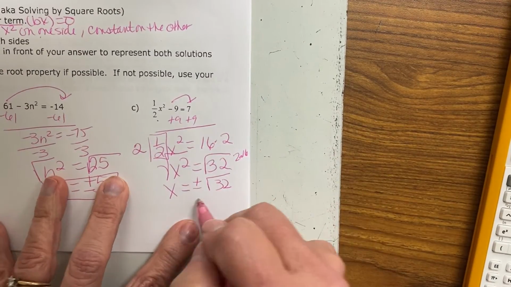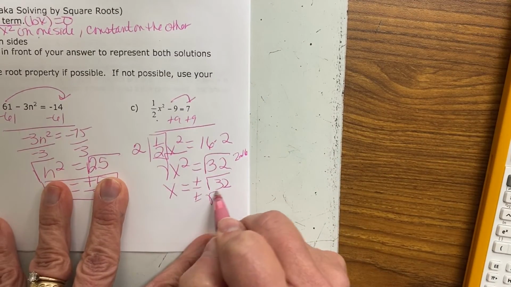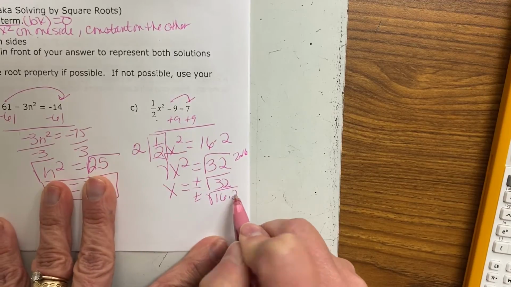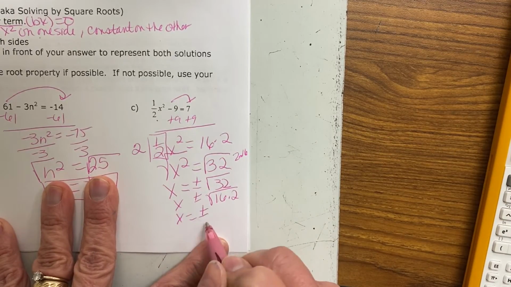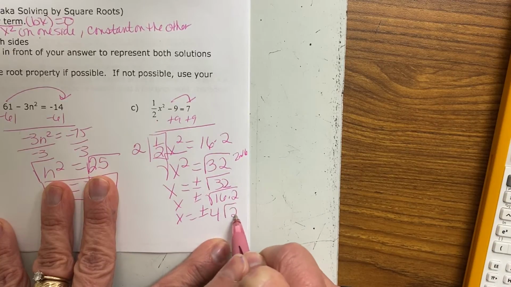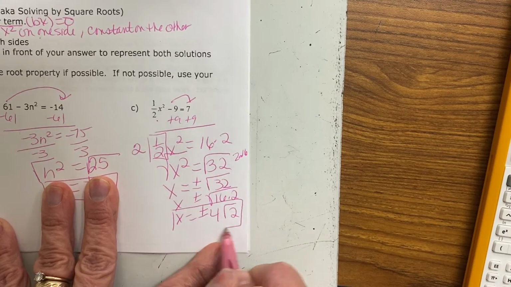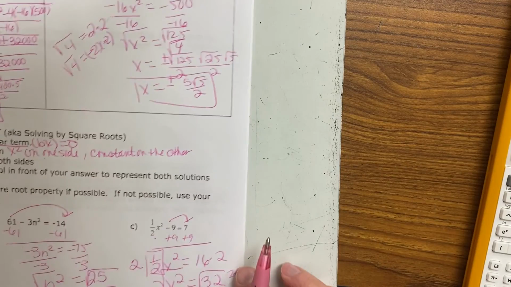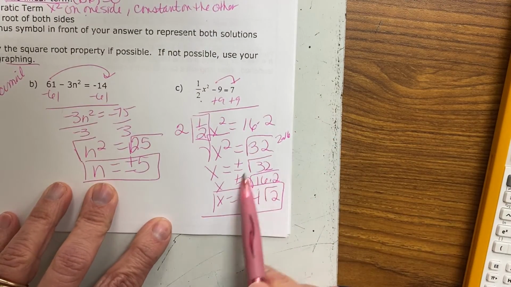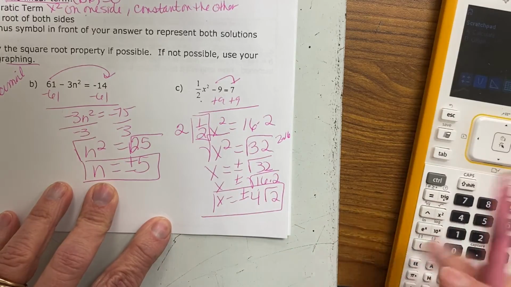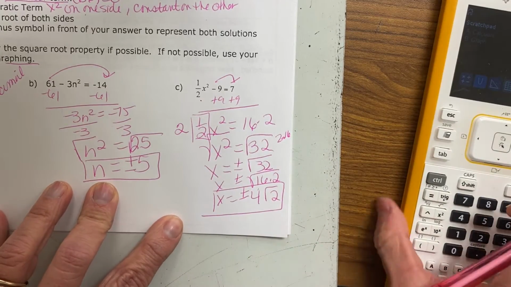And so this will be plus or minus the square root of 16 times 2, and so x is going to be plus or minus 4 square roots of 2. We can also go ahead and put the square root of 32 in the calculator and get a decimal for that.